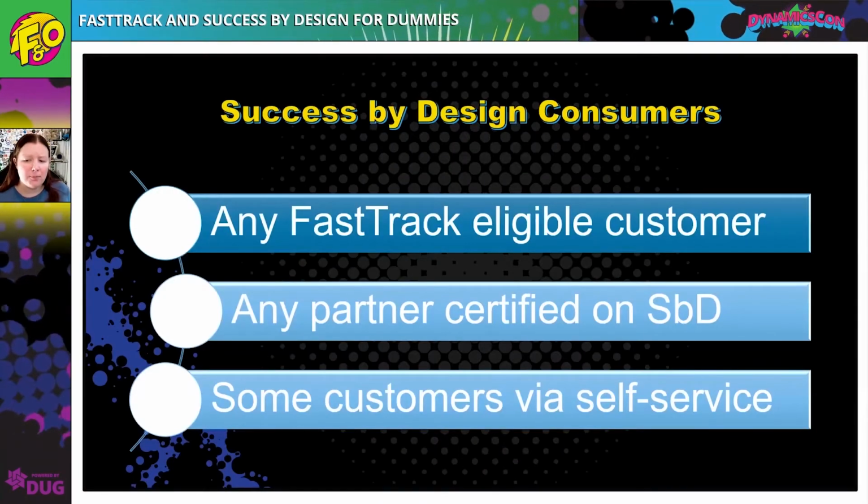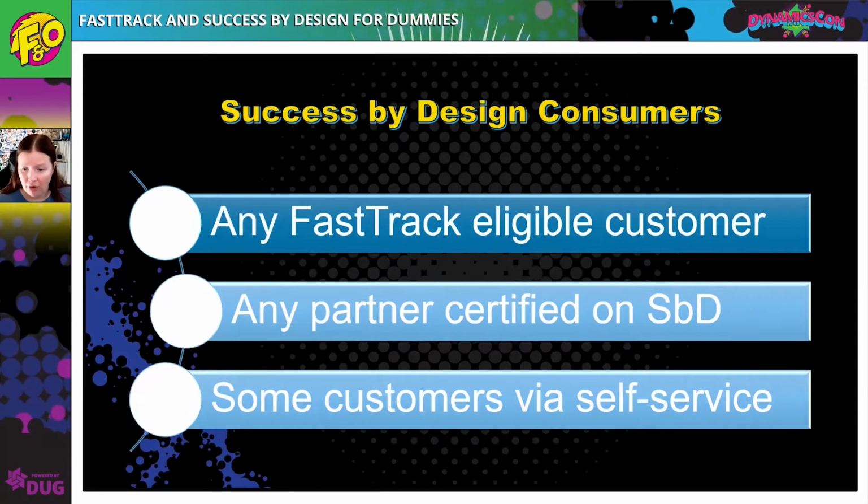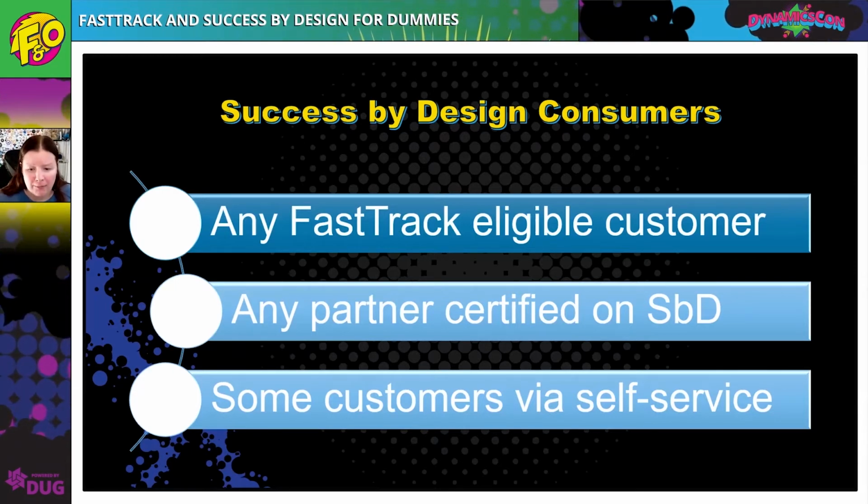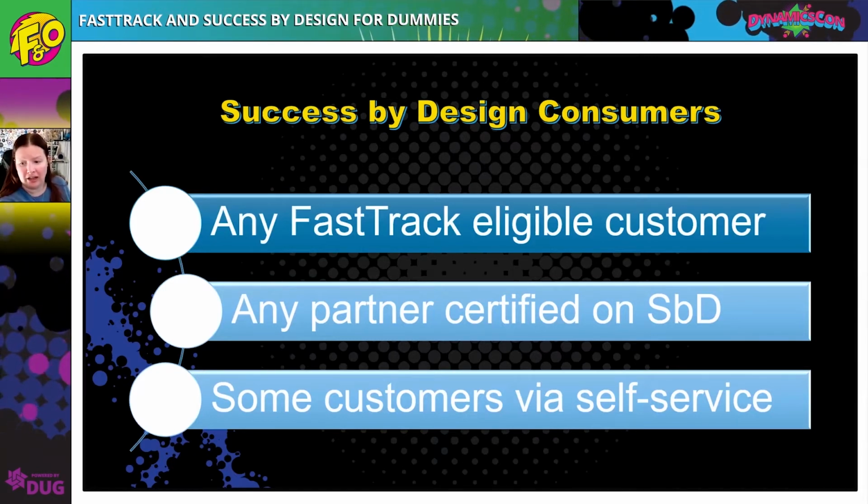In order for a partner to nominate a customer and receive access to our new portal, you will need to complete our Success by Design training and complete an assessment validating your understanding of the framework. We are working towards enabling a much larger set of self-service tools for all customers to use in our portal.